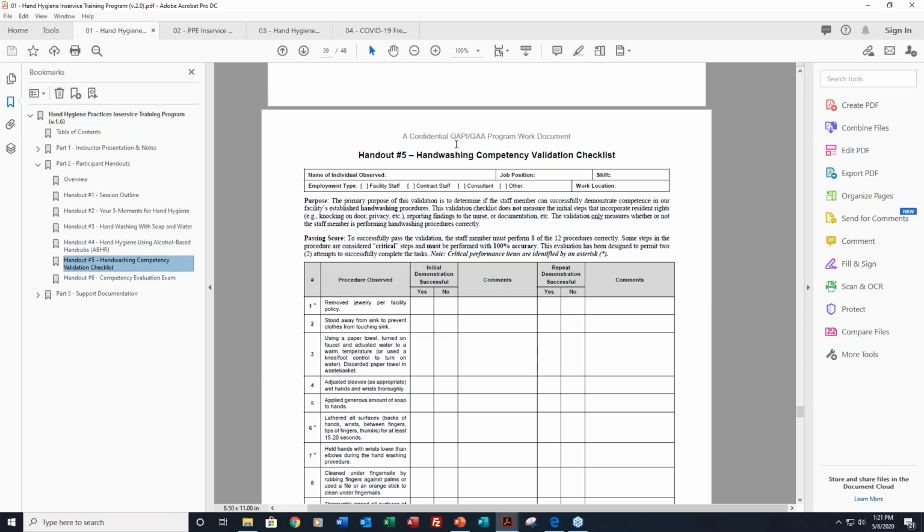We put it as a copy document so that the information can be protected through the copy program. Now, that doesn't mean that all your copy documents are not discoverable. They are. It's just that the survey team, if they look at this document, cannot use any information on the document to cite the facility.